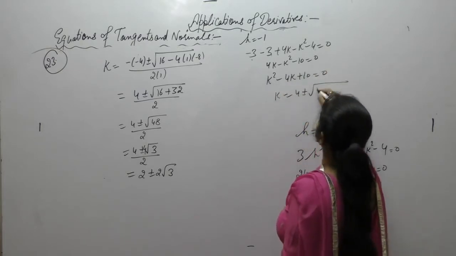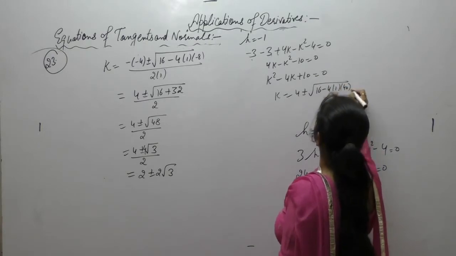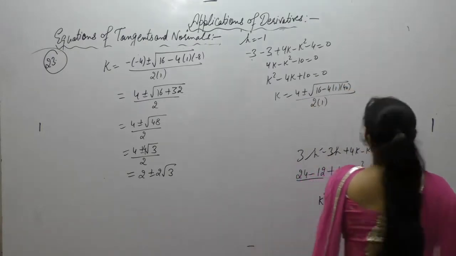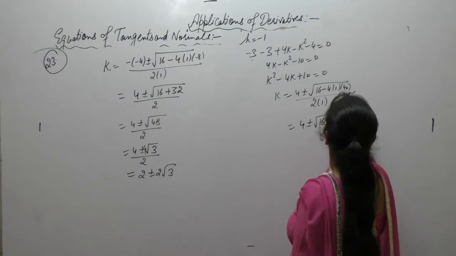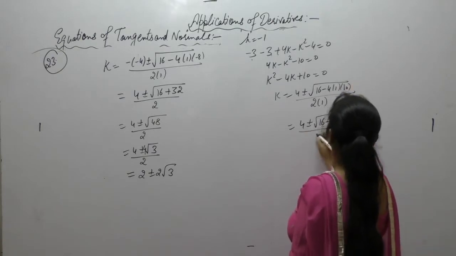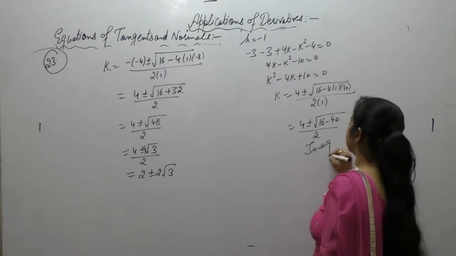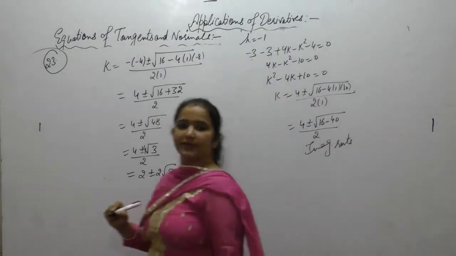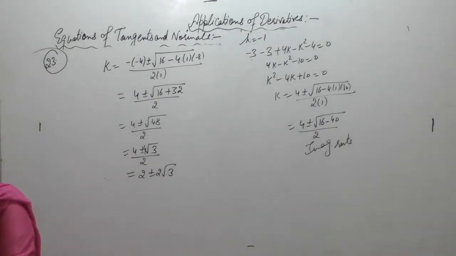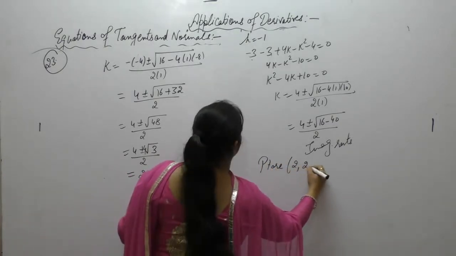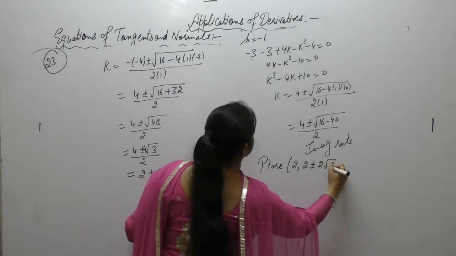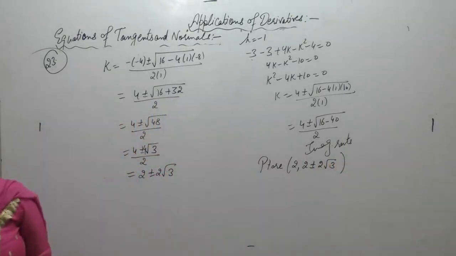Minus b plus minus square root of b square minus 4ac upon 2a gives 4 plus minus square root of 16 minus 40. Now this has imaginary roots, negative in the square root term. So the roots are imaginary. So the points of contact are, when h is 2, then k is 2 plus minus 2 root 3. Clear?